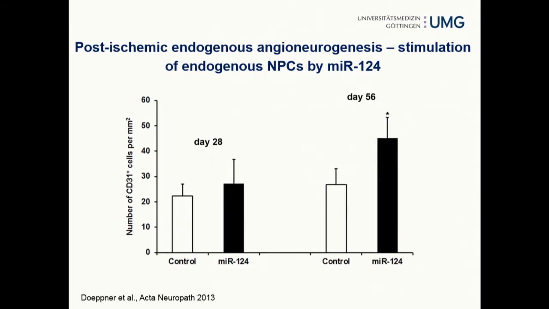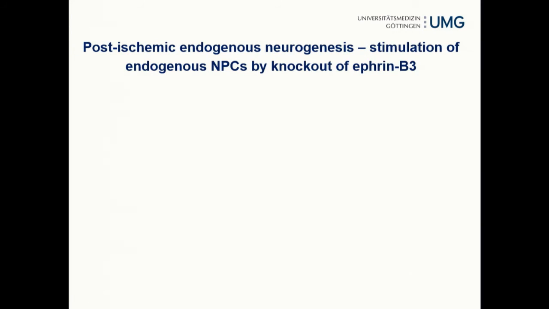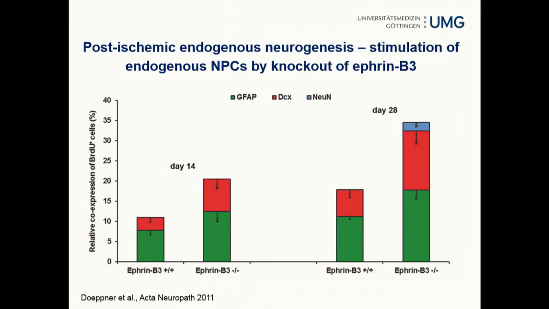Neurogenesis goes hand in hand with angiogenesis, and in these very same animals, we also observed a higher amount of CD31 expressing cells, thus indicating angiogenesis. So this approach was pretty beneficial for the animals. You could also achieve these very same or similar results by interfering with the ephrin B3 pathway.